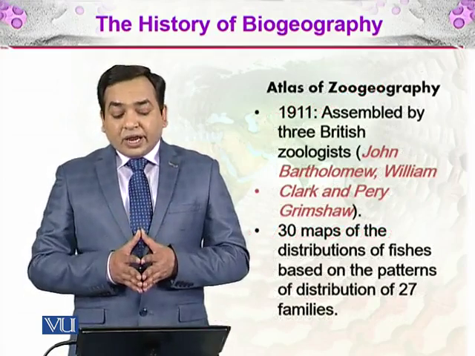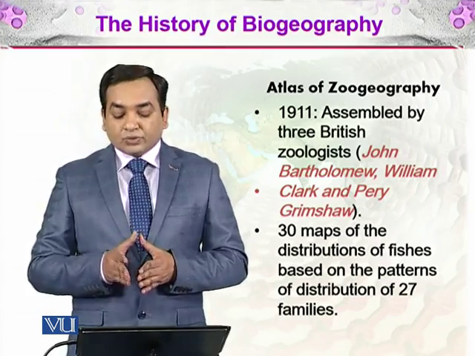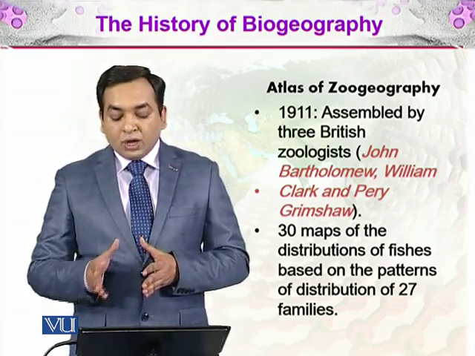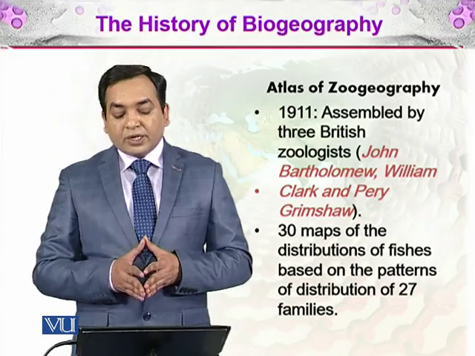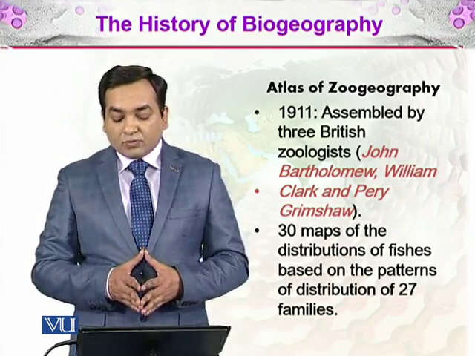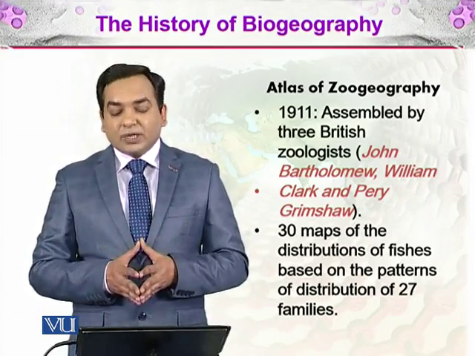In 1981, the Atlas of Biogeography was assembled by three British zoologists, John Bartholomew, William Clark, and Perry Grimshaw. It had 30 maps of the distribution of fishes, based on the pattern of distribution of 27 families.